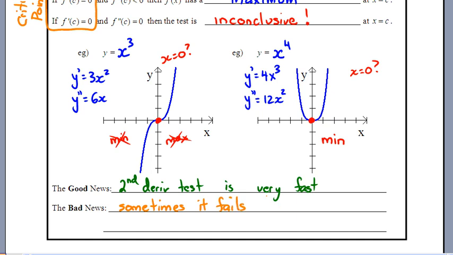In other words, sometimes when you try it out, the second derivative at that spot, maybe I should put in here, at C, at the place that you're checking, sometimes that second derivative is equal to 0, and you haven't learned anything. So if that happens, you have to start all over again.